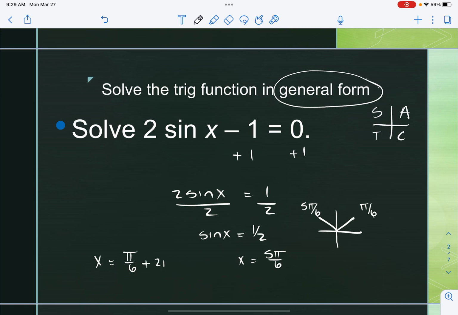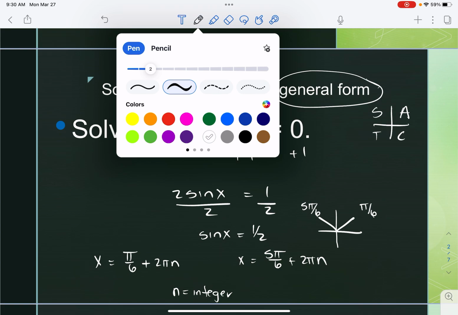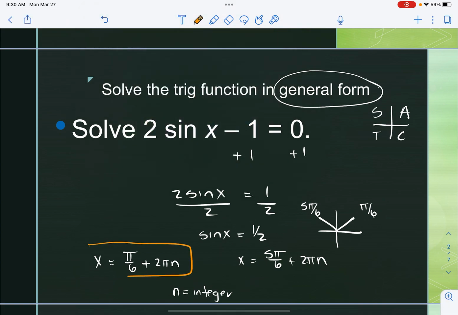So we're going to do plus 2 pi n, with n being the revolutions. So n is an integer, okay? And we're going to do plus 2 pi n on this one as well. That will give us all the angles that land on pi over 6 with the same terminal side, and 5 pi over 6. So that would be both of them, and that would be the answer.